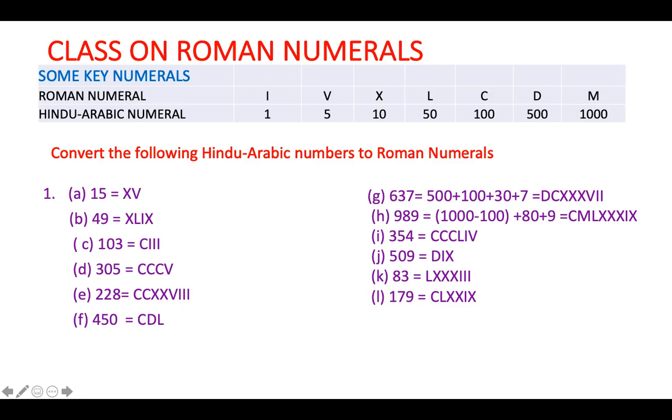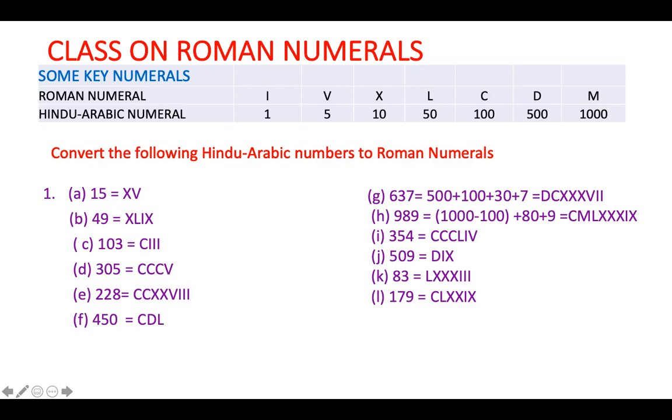Then 80. How will I write 80? 80 means 50, 60, 70, 80. That means L, then 10 makes 60, 10 makes 70, 10 makes 80. So there will be L and there will be 3 tens.